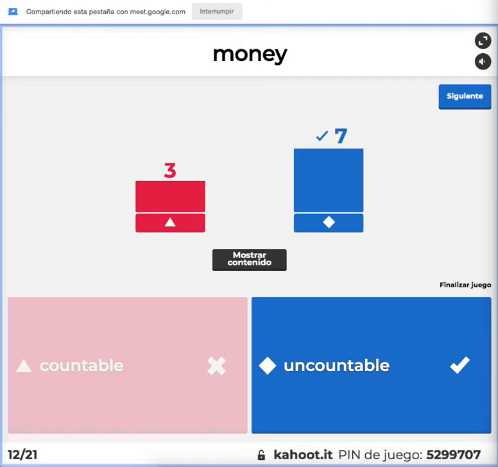But what happens if I have four money bills of 5,000 pesos? Is it the same as having two money bills of 10,000? The amount of money is the same, guys.